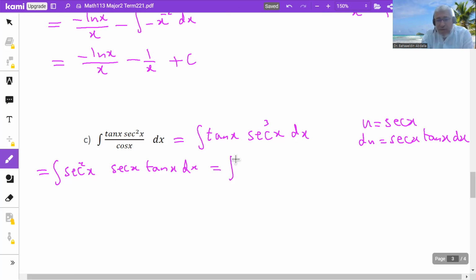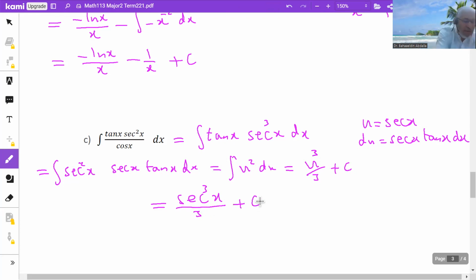So this would be the integral of u square, and secant tan dx is du. The integral is u cubed over 3, and u is just secant. So final answer, secant cube x over 3 plus c, that's the answer.